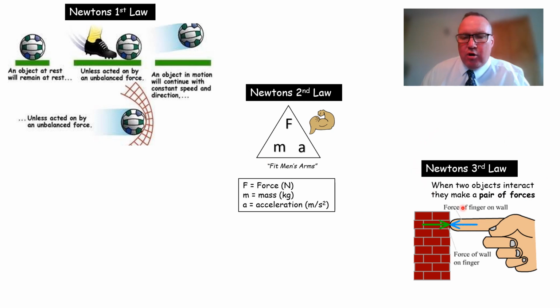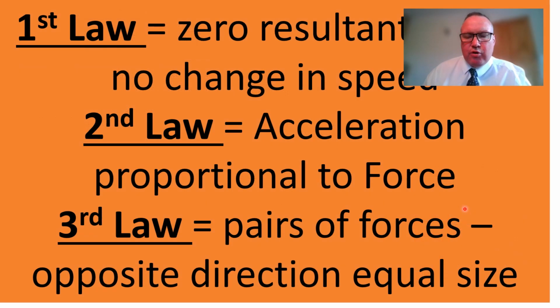Finally, Newton's third law tells us that objects, when they're pushed or pulled, make a pair of forces. Forces come in pairs. The important thing about the pairs is that the pairs are the same size but opposite directions. So Newton's third law says we get pairs of forces, opposite directions and equal size.